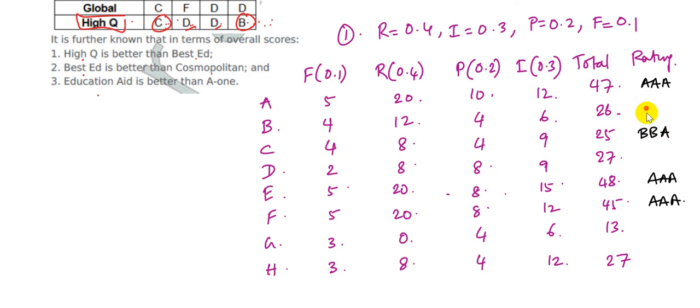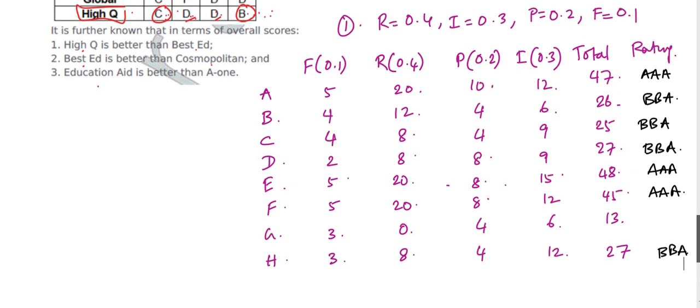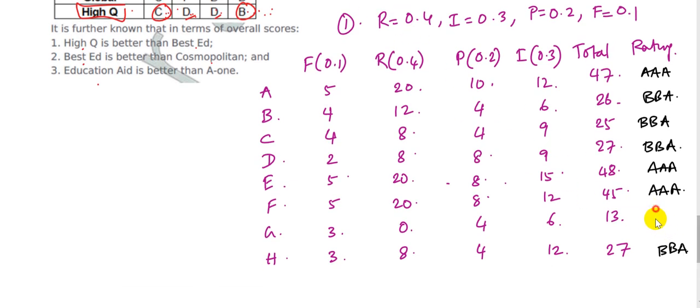BBA, BBA, BBA, and BBA. So 1, 2, 3, 4, 5, 6, 7. The last one is 13. 13 will be less than 15, so that is junk. So now my table is ready.